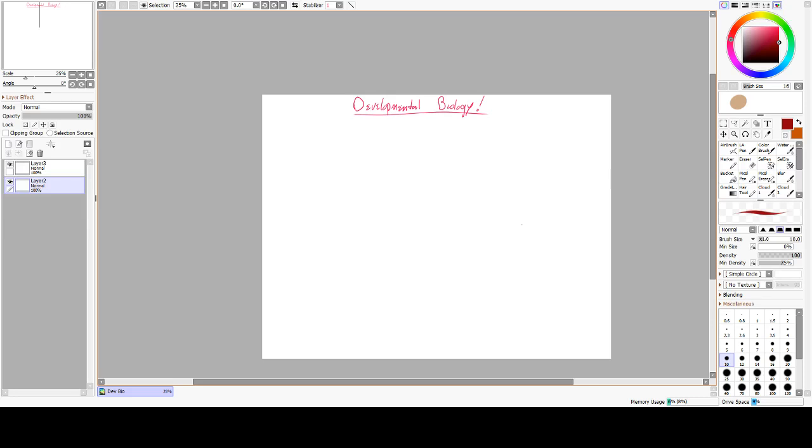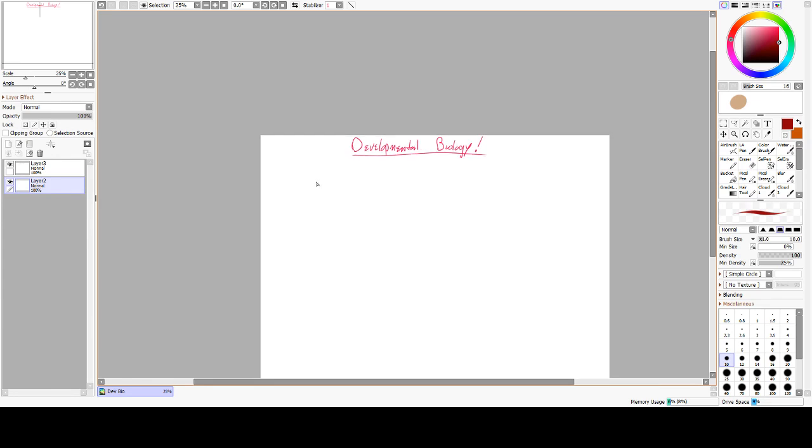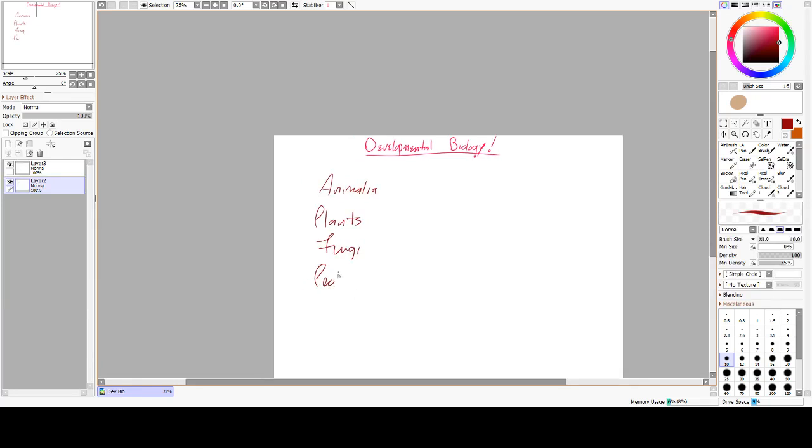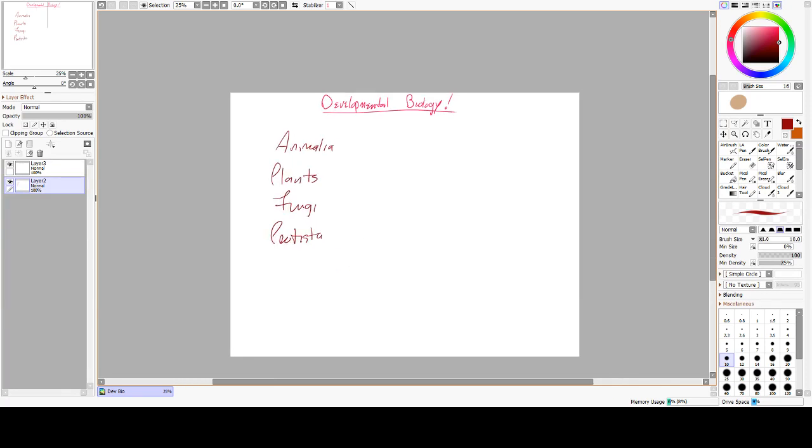And so now we get into the actual different kingdoms of life. The kingdoms of life are Animalia, fungi, Protista, and Monera.